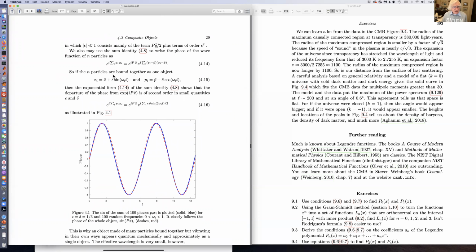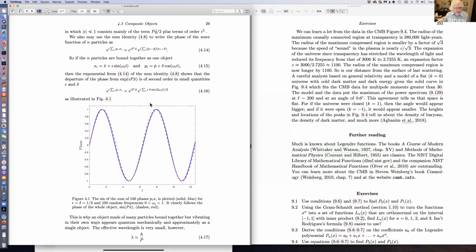In other words, here, if we let x_i be x bar plus epsilon sine omega_i t, I'm thinking of these individual atoms, or electrons or whatever, as being in some sort of harmonic well about their minima, and the same thing for the momenta, then the phase is quadratic in the small quantities.